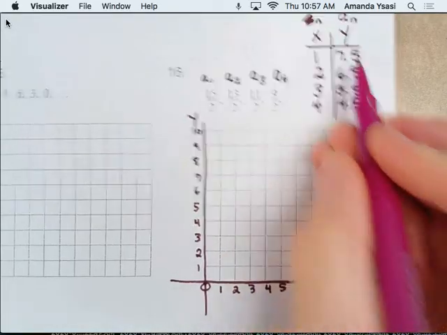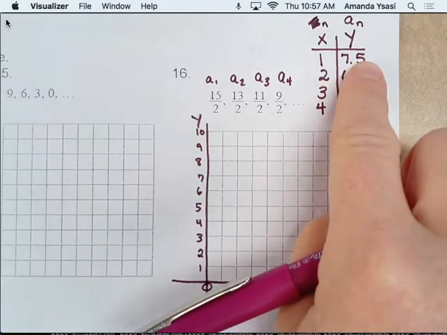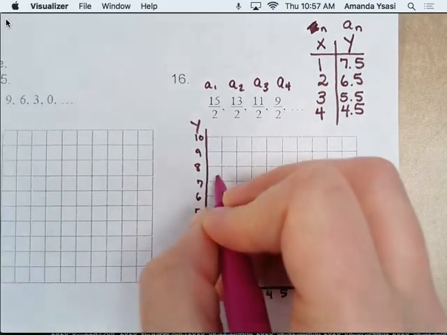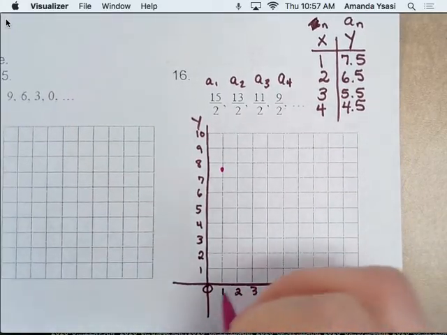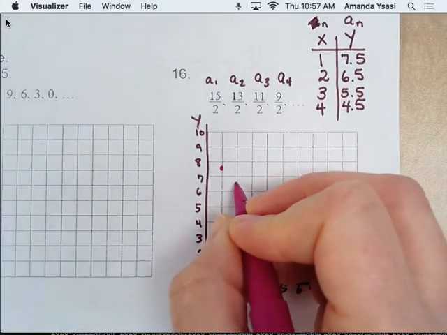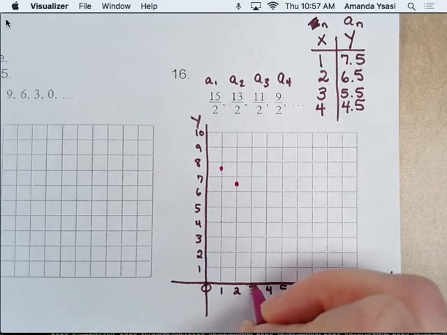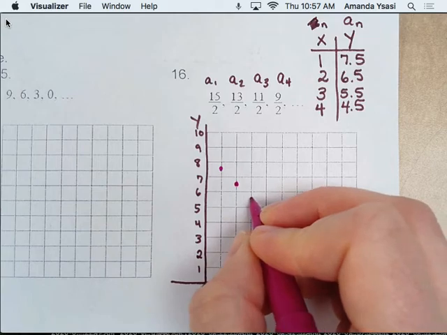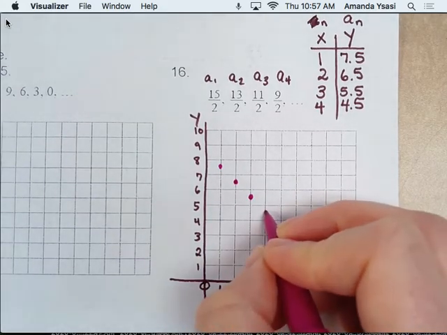So 1, 7.5. That means I'm going to go over 1 and up 7.5. Over 1, up 7.5. 2 will be over 2, up to 6.5. 3, up 5.5. 4, up 4.5.